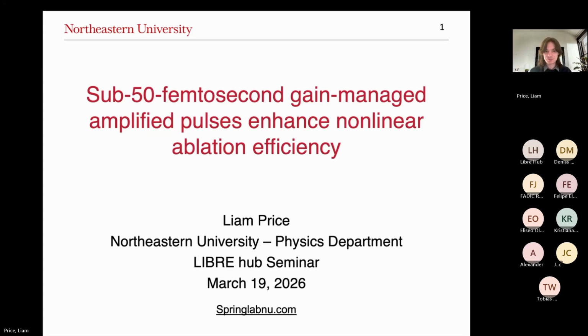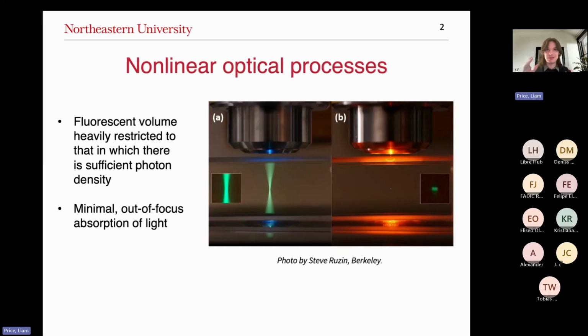And so to start, I just want to make sure everyone's on the same page when I'm talking about these nonlinear optical processes, because this is really the crux of what we're doing here. Here you see this image of single photon fluorescence versus this 2-photon fluorescence, and this really showcases the main aspect of this nonlinear ablation that we're trying to take advantage of.